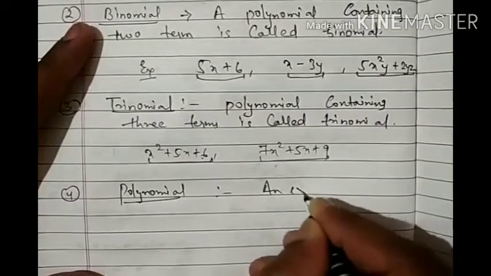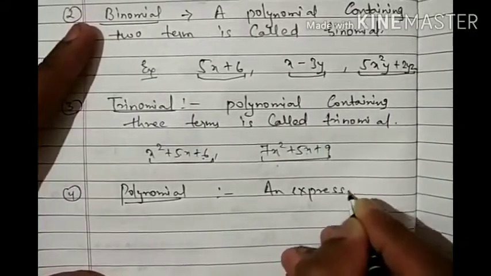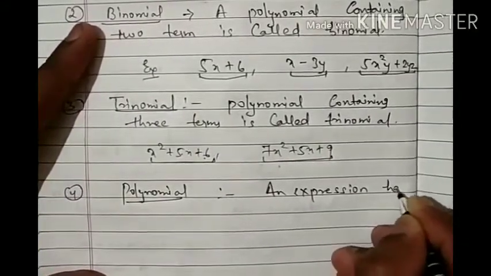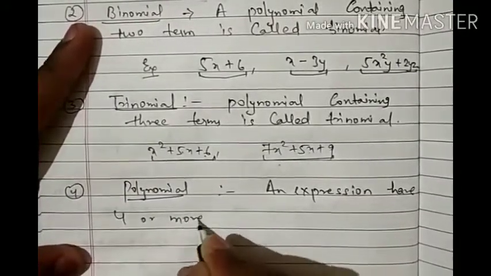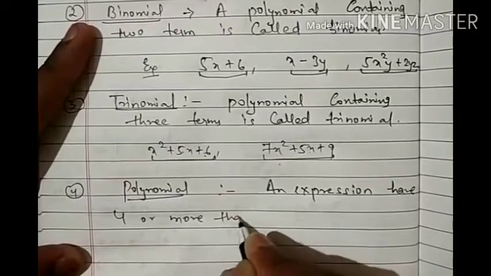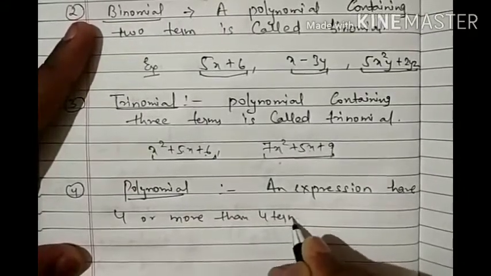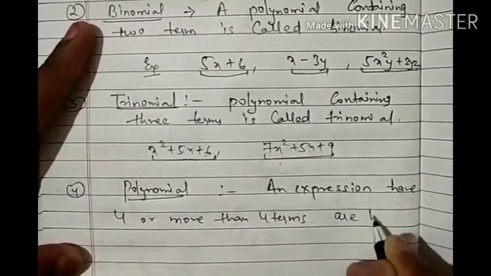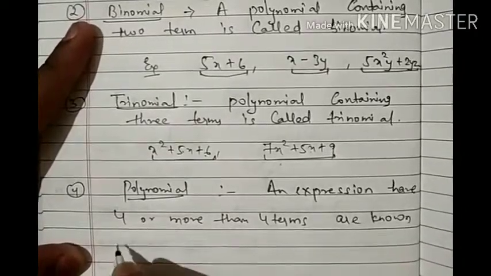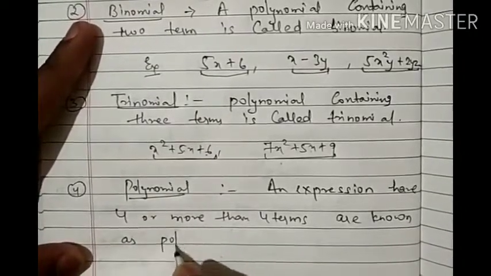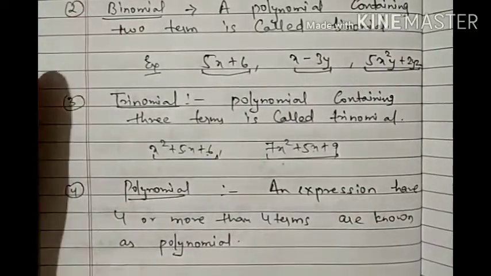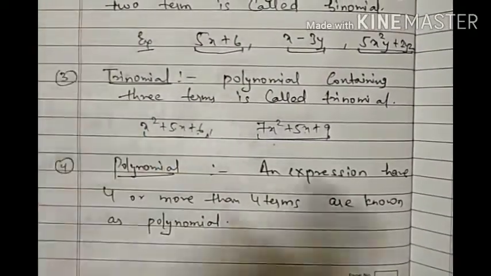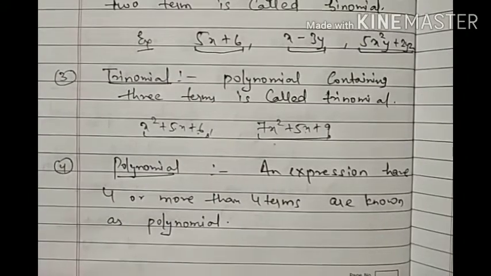An expression having 4 or more than 4 terms is known as a polynomial. So this is how we categorize polynomials on the basis of their terms, that is monomial, binomial, trinomial and polynomial.